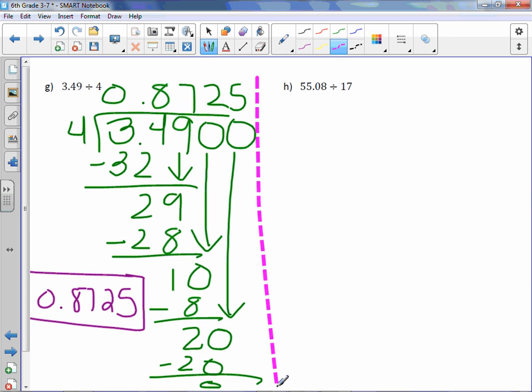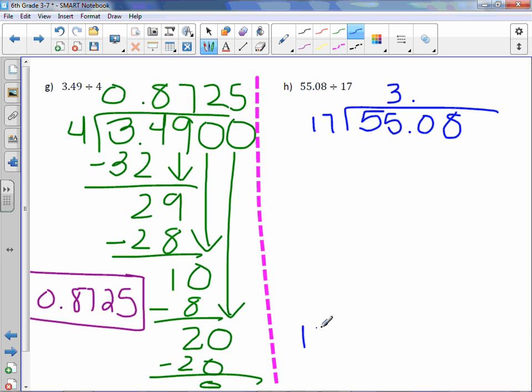Letter H. 17 into 55.08. 17 goes into 55 3 times. And we'll do 17 times 3. That's 21. That's a 5, so 51. Subtract and get 4.